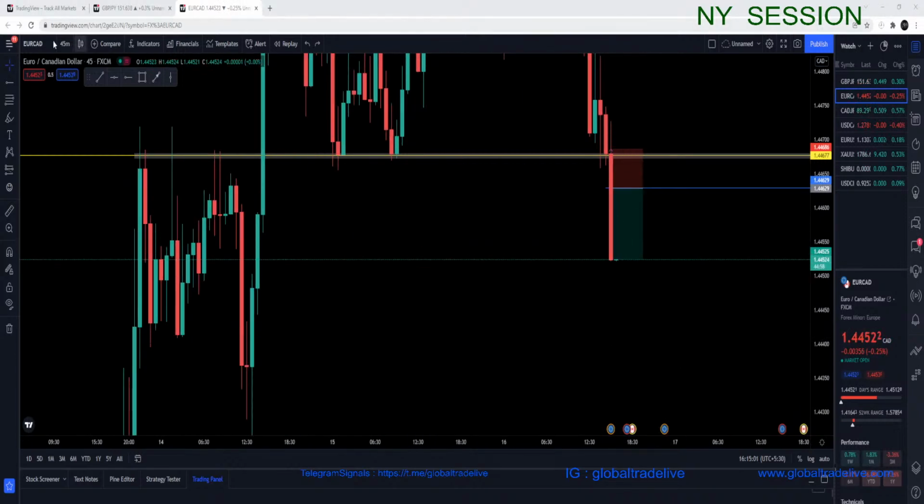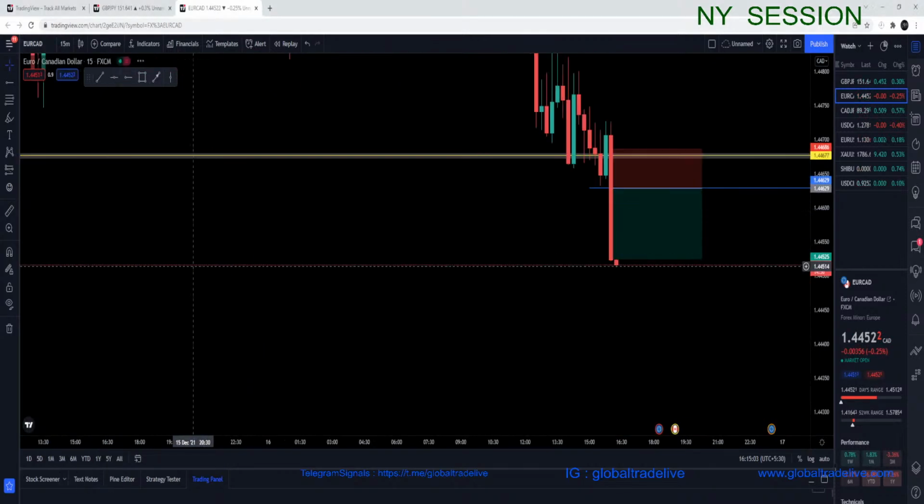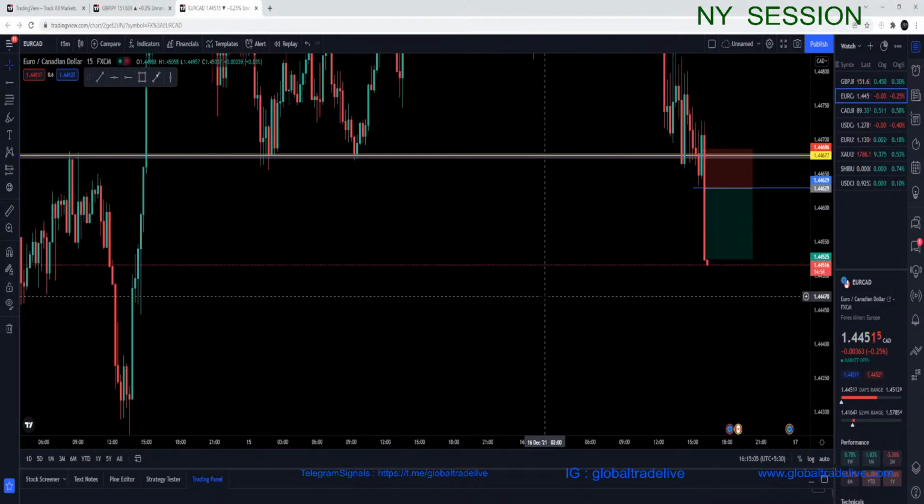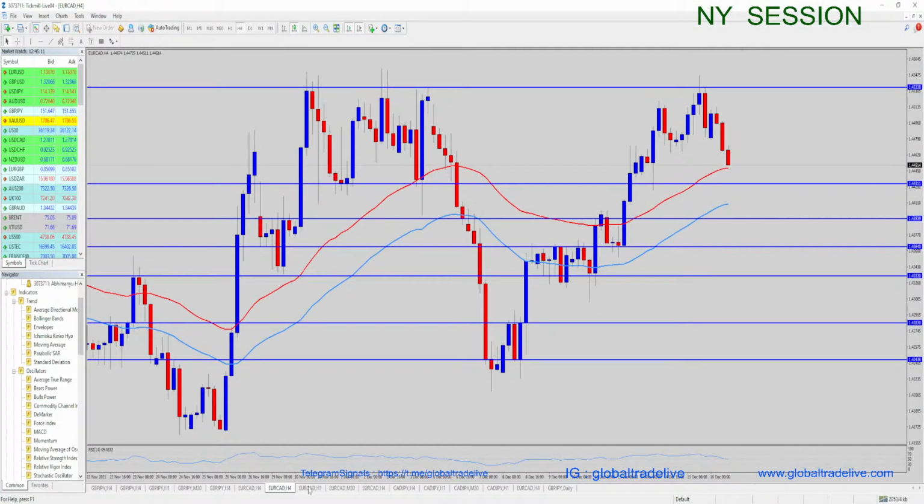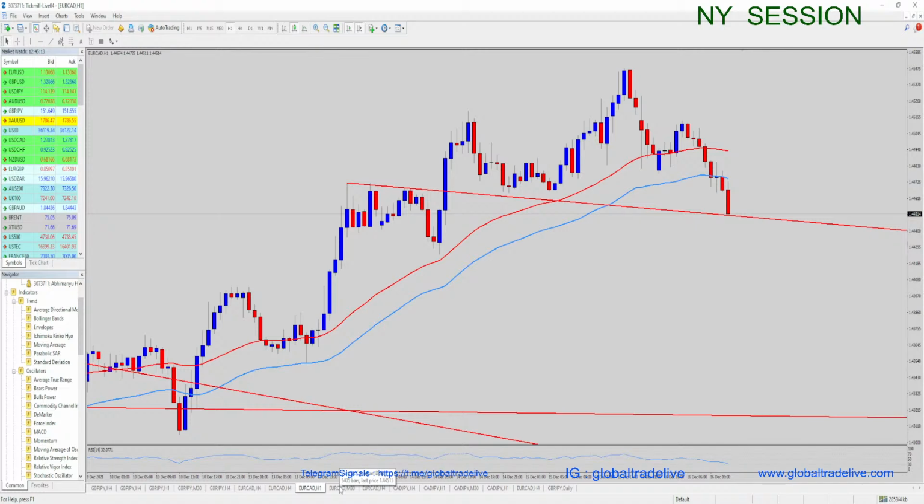Oh, the 45-minute candle closed over here. So this is 15 minutes. 15 minutes should also drop. It just tapped this area.